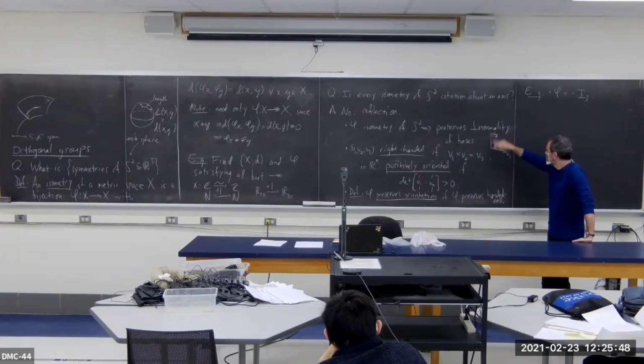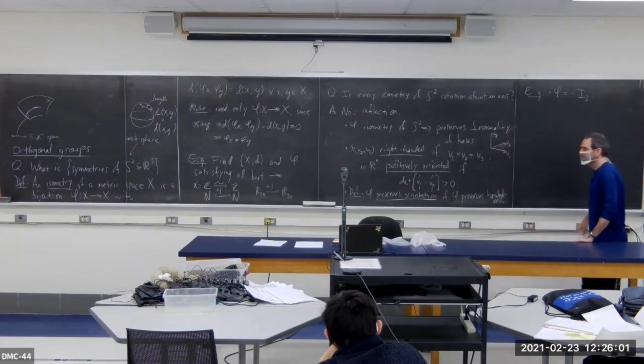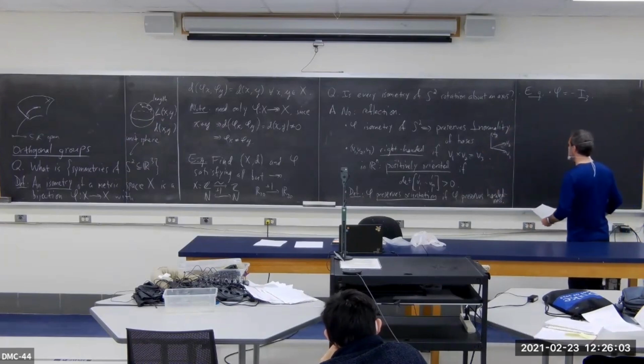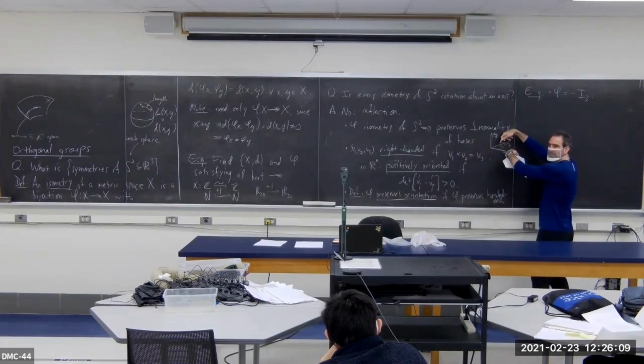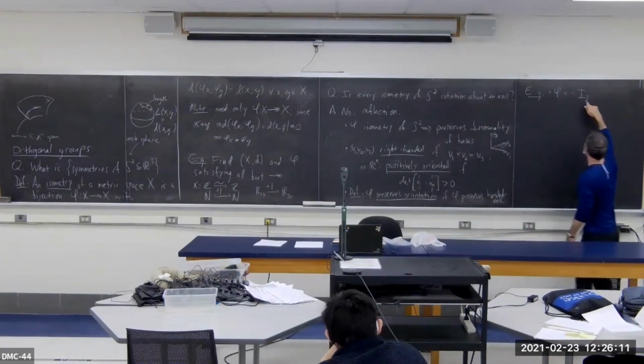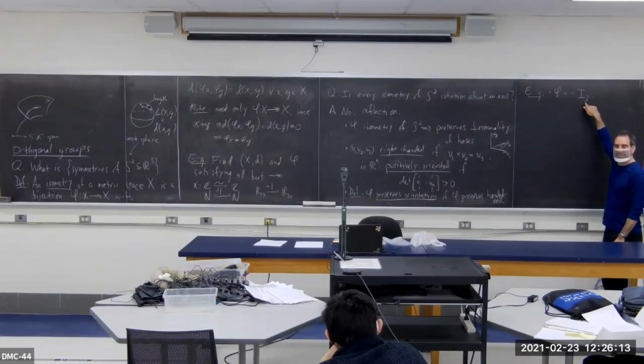You can rotate it back to make V1 and V2 land where they started, but then V3 will point down. That's the point. So it's important that this is a 3 and not a 2.